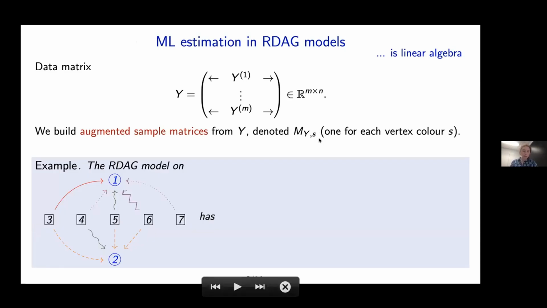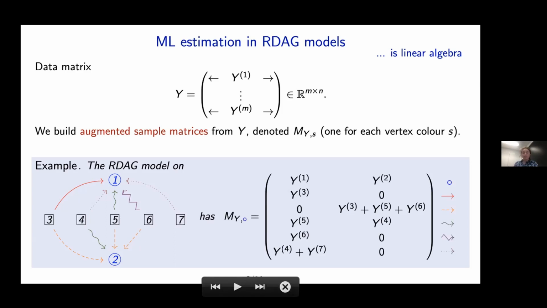So here's an RDAG model where we have our vertices 3, 4, 5, 6, and 7, all with the same variance, since they have the same color, and they are influencing variables 1 and 2 via this pattern of directed edges with colors. We've got a red edge here, we've got some orange ones here, and so on.